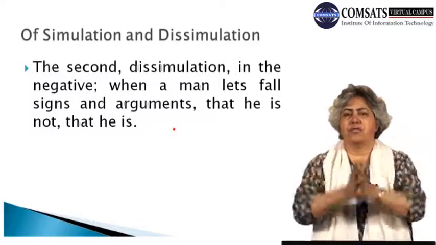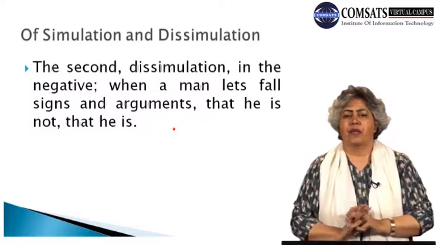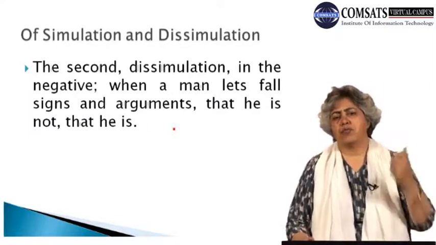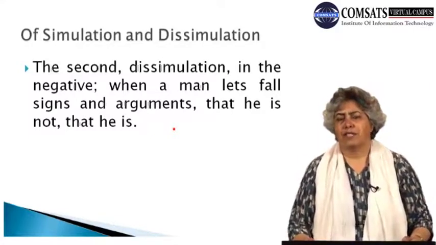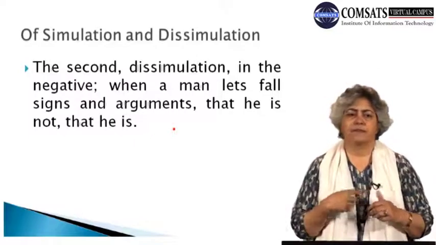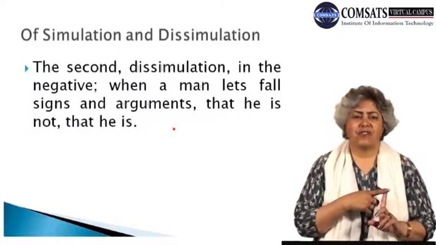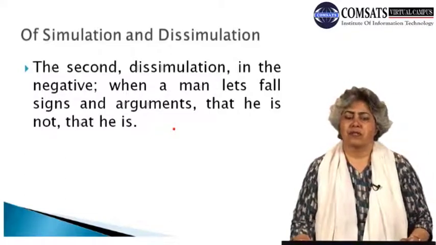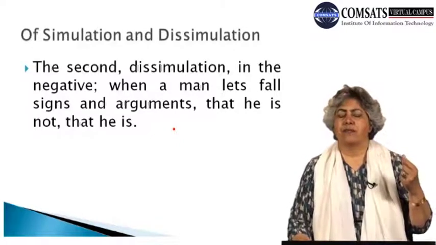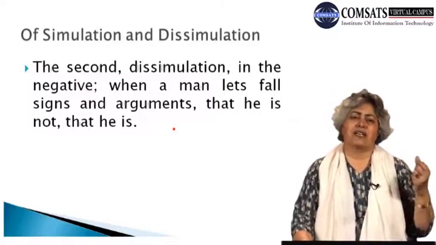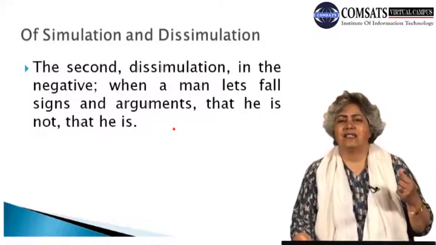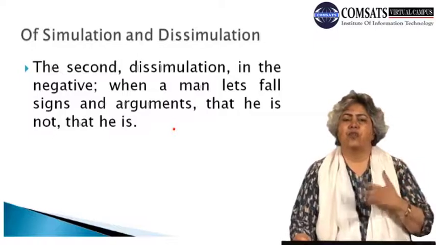So all of you students sitting out there, you would pretend that you were not students. So what would you pretend to be? Teachers, observers, maybe friends of another student. So he says dissimulation is when a man lets fall a sign or a symbol or an argument or an idea that he is not what he is.